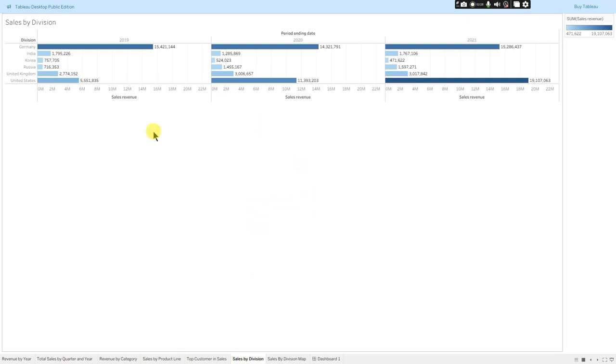This slide, the sales by division, shows the geographical countries that buy the most product. As you can see here, it is separated by the three years that we have data from, and separates by the largest company to the smallest company, darker colors being more sales revenue.